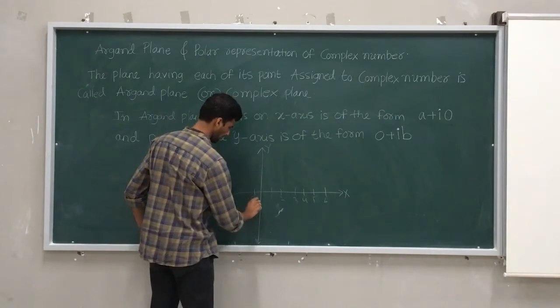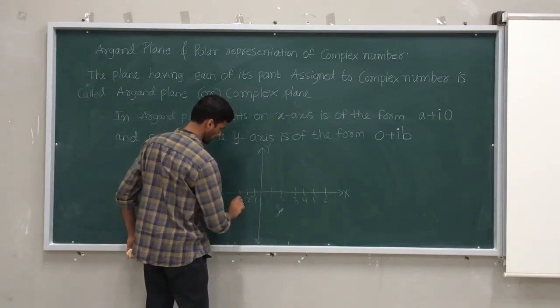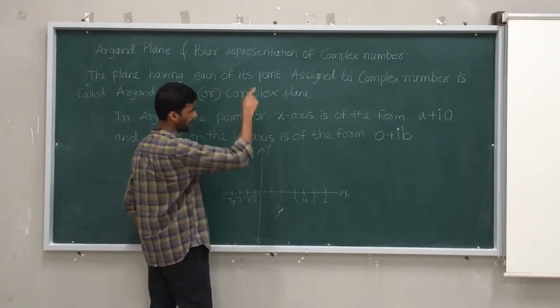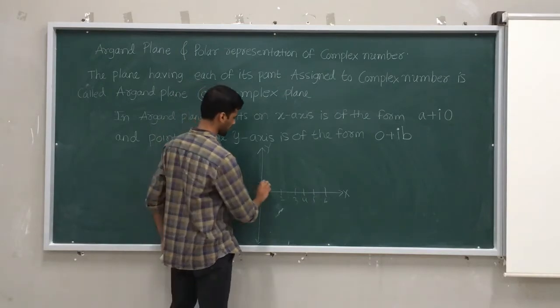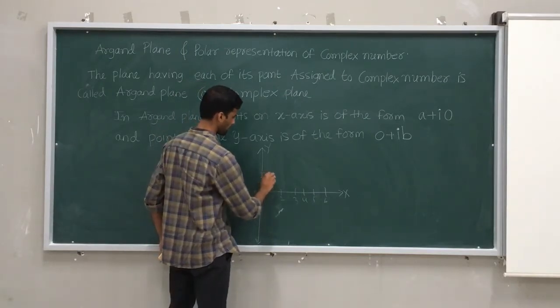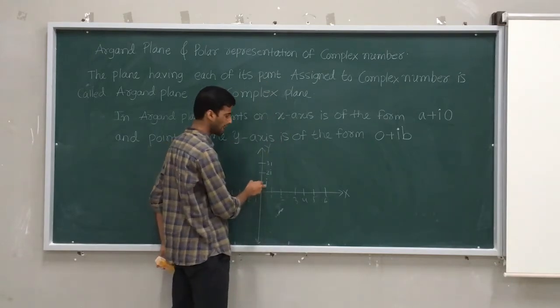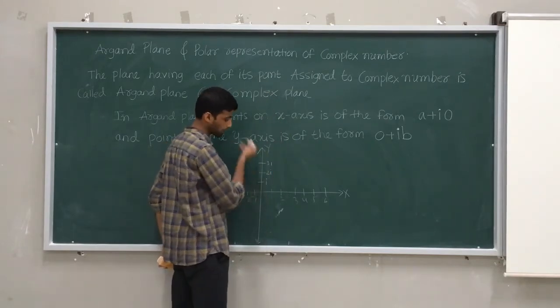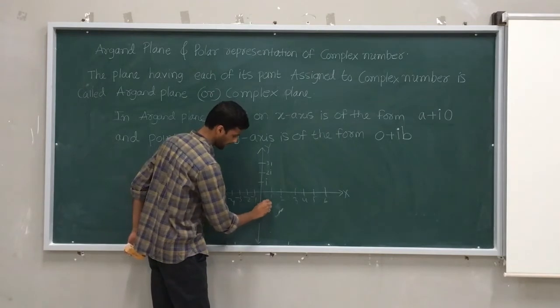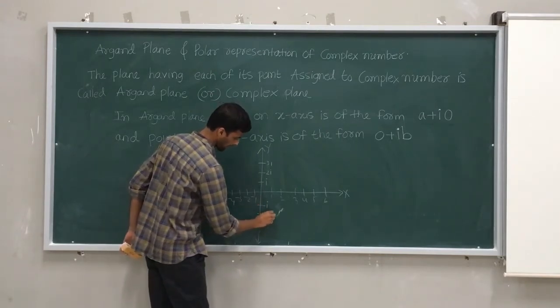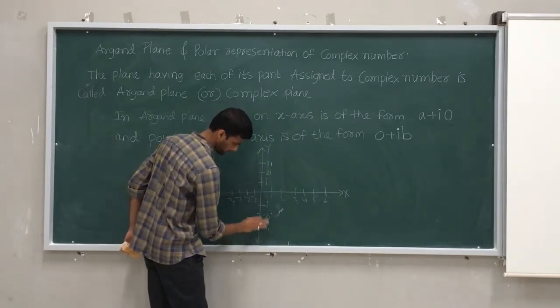If it is negative, it is minus 1, minus 2, minus 3, minus 4. And on the y-axis, it is of the form 0 plus ib, meaning it is like i, 2i, 3i, and so on. It looks like 0 plus i is i, 0 plus 2i, because the real parts are absent. Similarly, minus i, minus 2i, minus 3i, and so on.